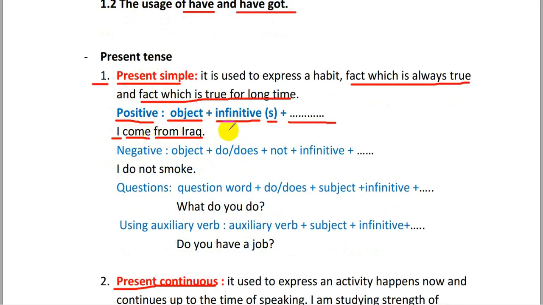Why we use he comes s with come with s? Because he is singular, مفرد, or she or it we have to use s.